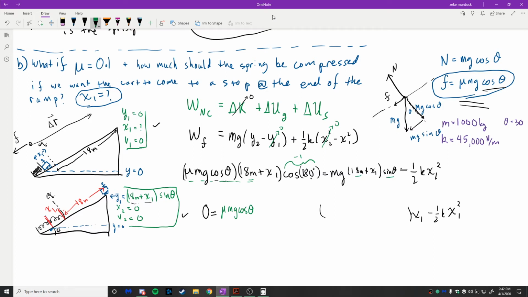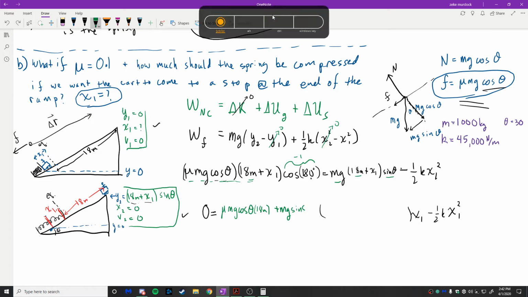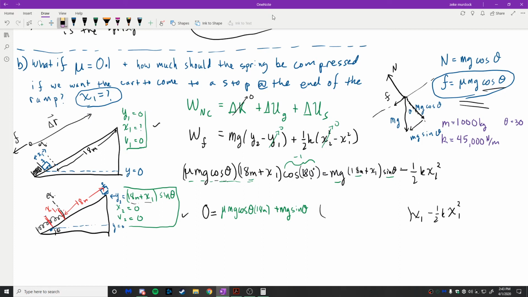So what I'm going to do is I'm going to say, nah, never mind, we're not going to do that. We'll just say this is times 18. And then we have a plus, there's this term, mg times sine theta. Oh man, it's starting to get bad. I have to erase this. Multiplied by 18 meters as well.